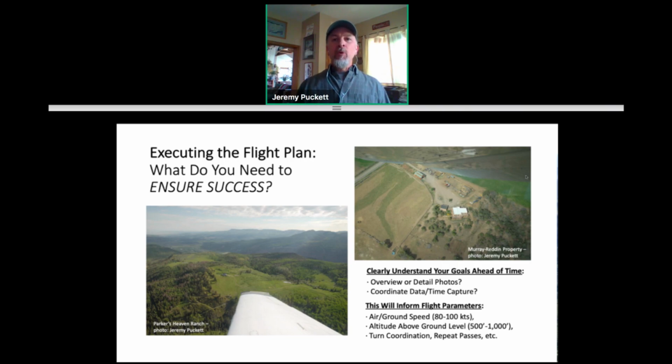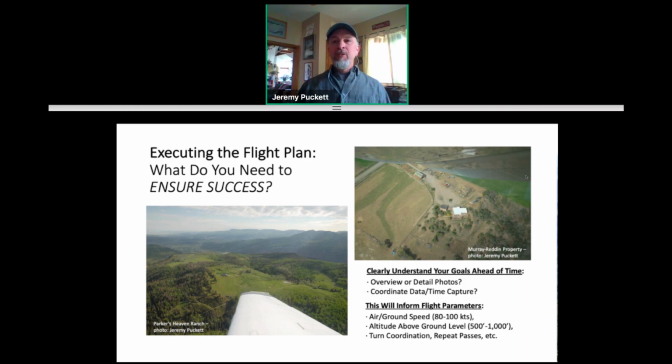It's also going to inform things like, how fast are you flying? How high above the ground are you flying? Typically I fly anywhere from 80 to 100 knots, maybe sometimes as fast as 115 or so when I'm maneuvering around properties. It's generally a safe speed, and it gives you time to look at what you want to see.